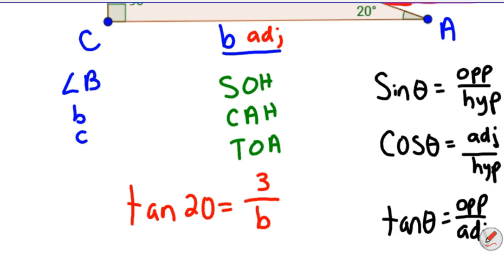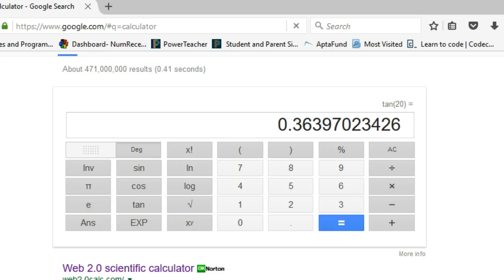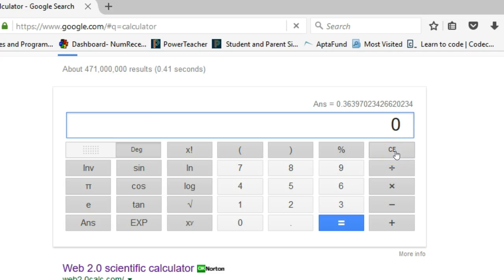So we'll go ahead and find tangent 20 with the Google calculator. That just seems easy. It's already up here, but I'll clear this out. And so you just make sure your calculator's in degrees. It's in degrees, so I'm going to go tangent and then 20 degrees. I always like to close my parenthesis.